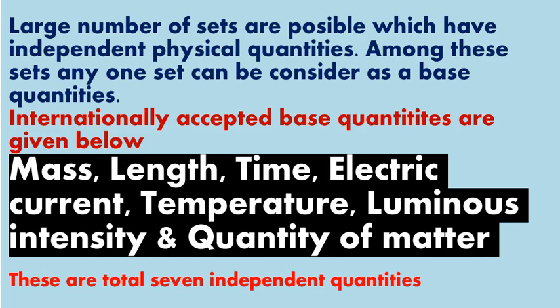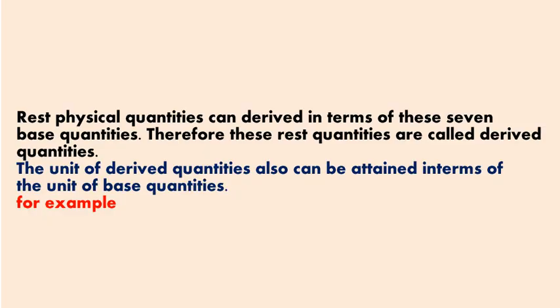But there is a set which is accepted internationally as the fundamental physical quantities. In this set, the base quantities selected are mass, length, time, electric current, temperature, luminous intensity and quantity of matter. The rest of the physical quantities can be derived in terms of these 7 fundamental physical quantities.